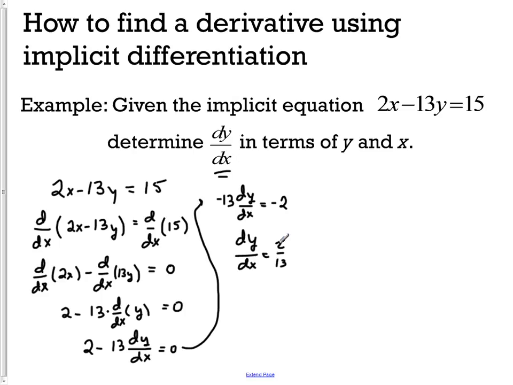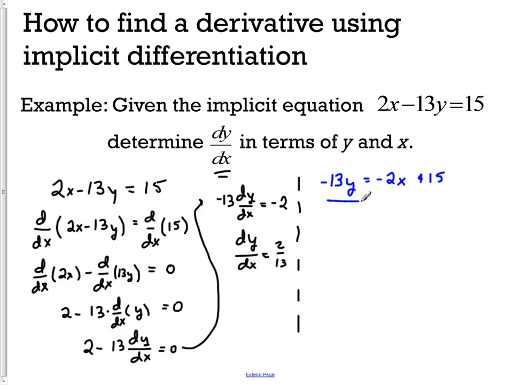Now, okay, dy dx is 2/13. It kind of makes sense, but let's look back at this, right? One way that we could have handled this is that this is a function that we could rewrite explicitly by isolating y before we start taking a derivative. And if I did that here, look what's going to happen. I'm going to subtract 2x from both sides, so I end up with negative 13y equal to negative 2x plus 15.